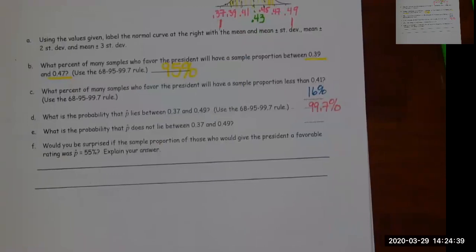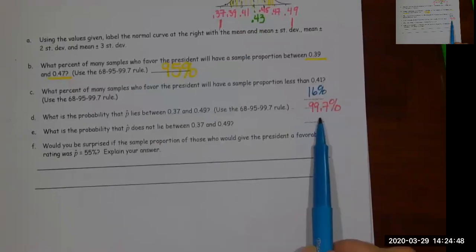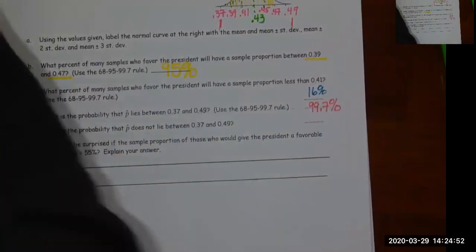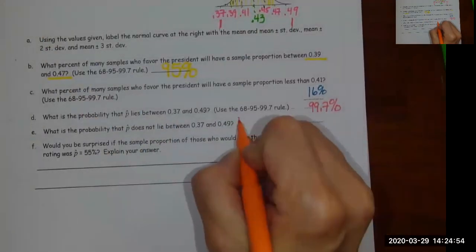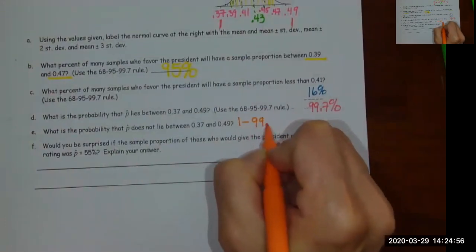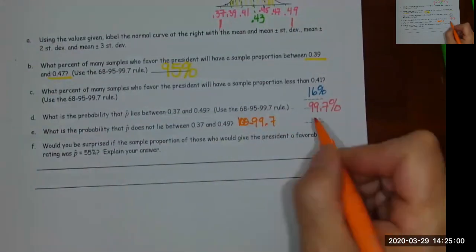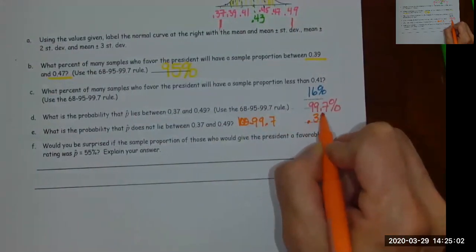What is the probability that p hat does not lie between 37 and 49? Well, 99.7% is going to be in between. So what's not going to be in between? Well, 100% minus 99.7, so 0.3%.